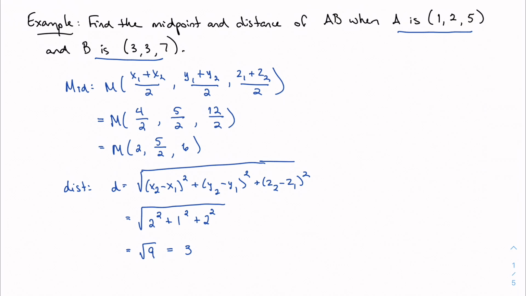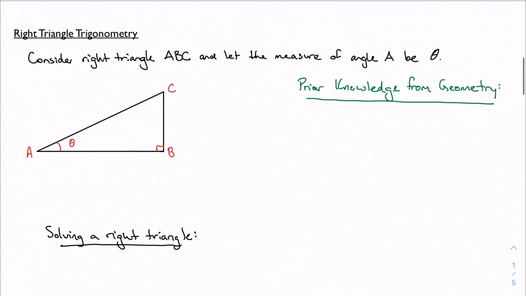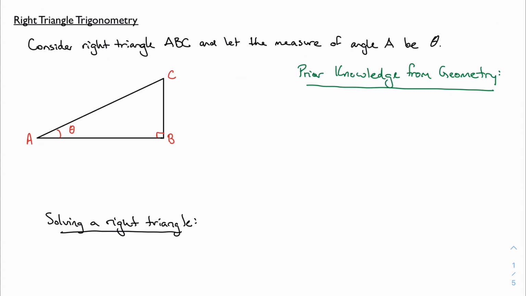So we're still applying our midpoint and distance formula, no different than we're already used to. The other thing that should hopefully be familiar from geometry is starting to talk about the trigonometric functions. So IB, our book, talks about introducing the trigonometric ratios.